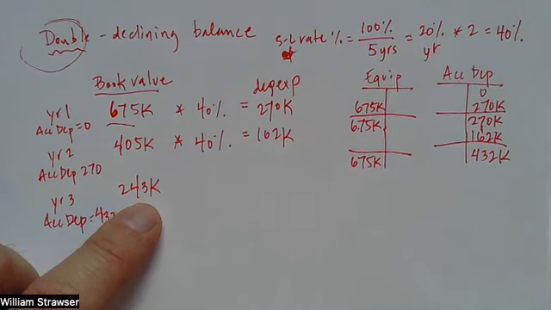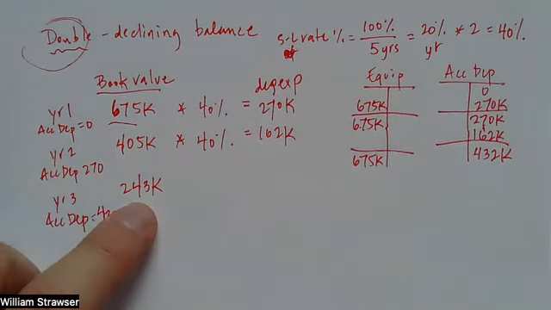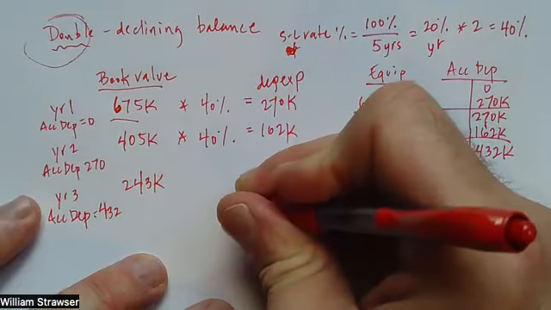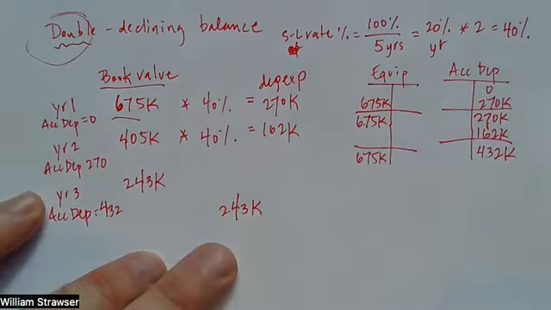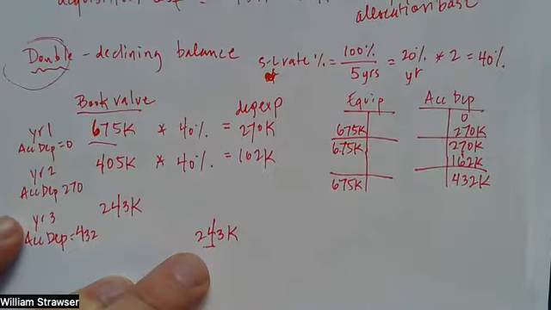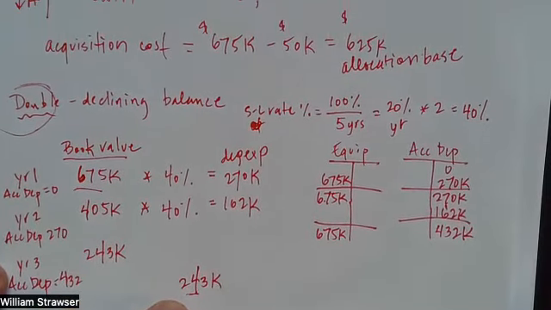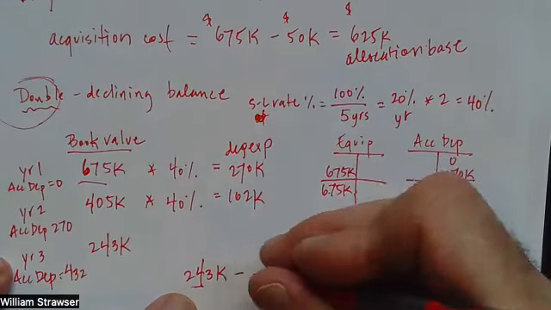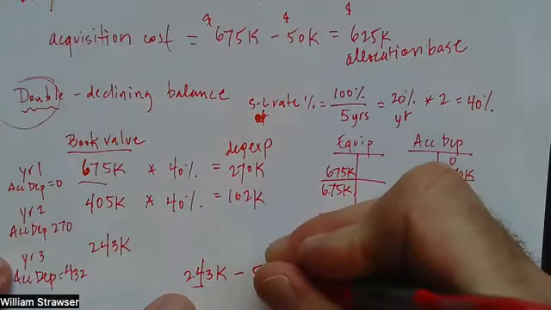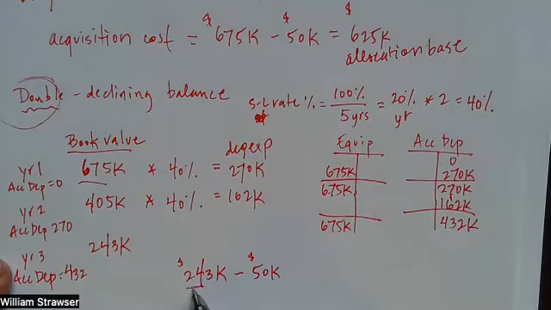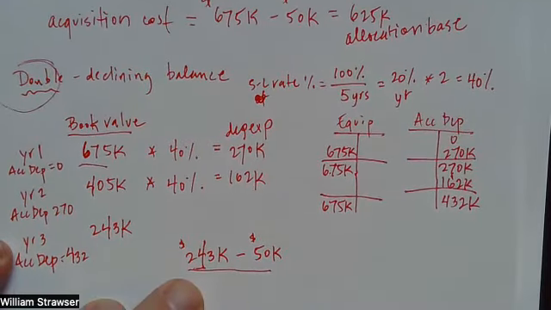If I'm switching to straight line in this year, then I need to take the book value. That's my total amount that I have yet to expense. I decide, well, how much of it do I want to expense? Remember the non-recoverable amount. So if I still have a $50,000 salvage, I subtract that off of the remaining amount.